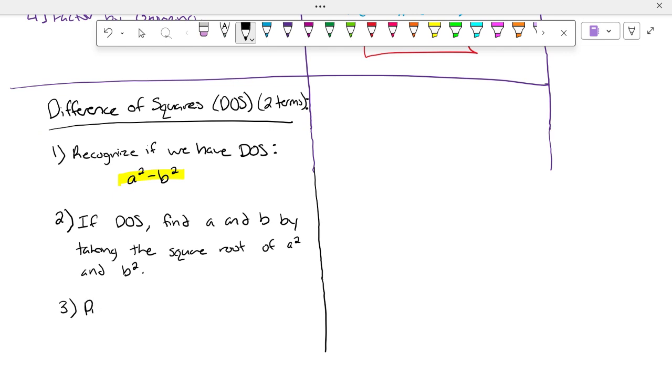Then put A and B in the form A plus B times A minus B. And then it's factored.